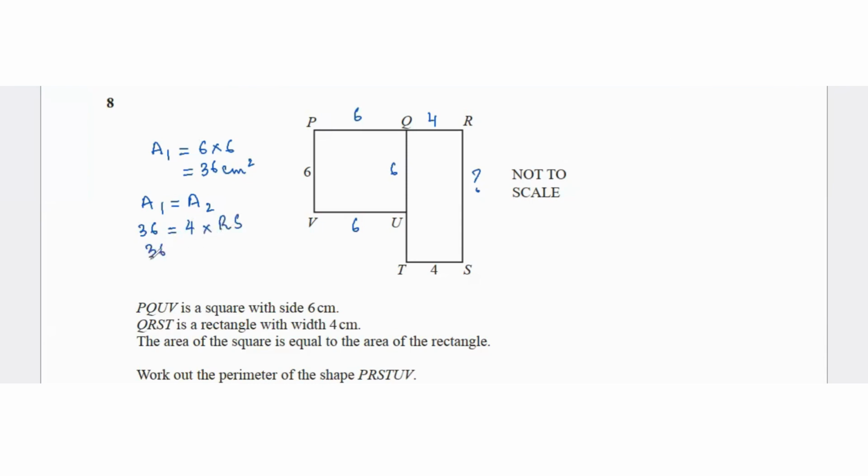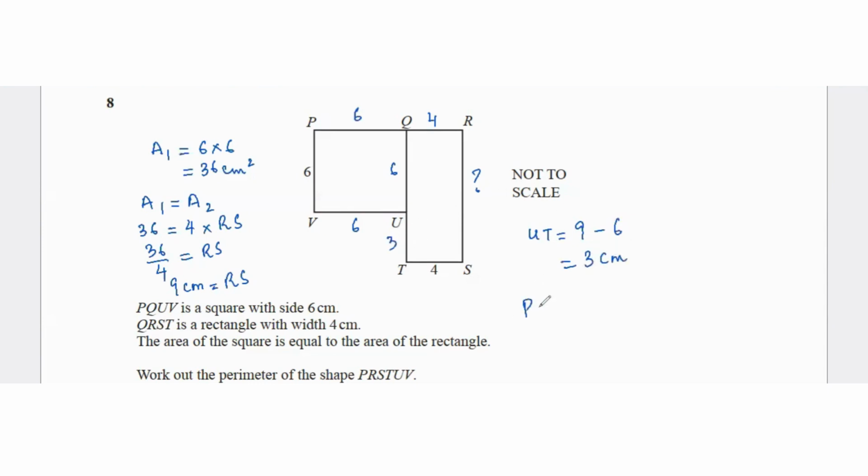So that means 36 divided by 4 equals RS, which is 9 centimeters. So now that we know the value of RS, that means UT would be 9 minus 6, which is 3 centimeters.